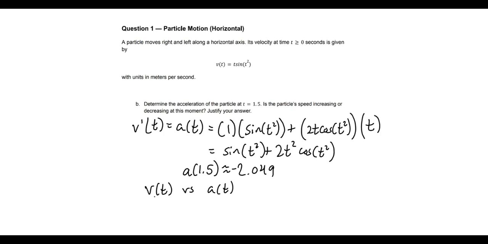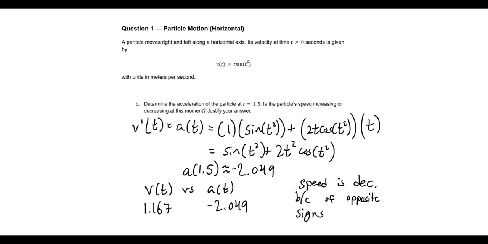In part A, we figured out the velocity was 1.167, and right now we got negative 2.049. So since the signs are opposite, the speed is decreasing. And you might say because of opposite signs, or something similar to that.